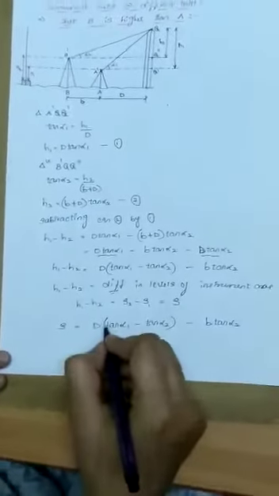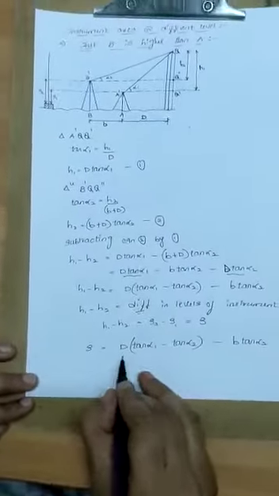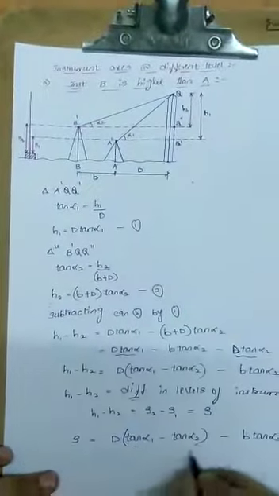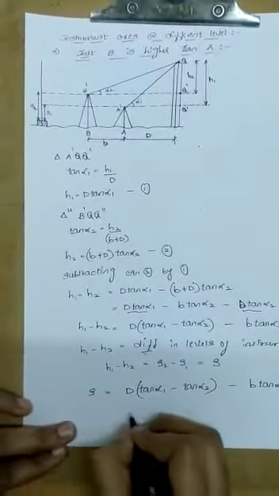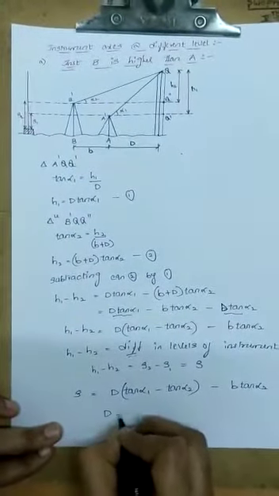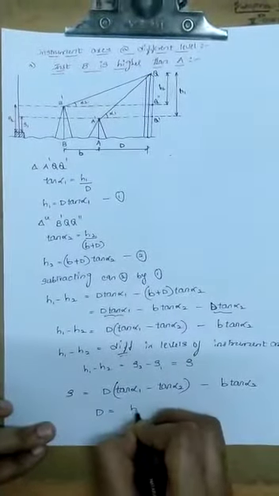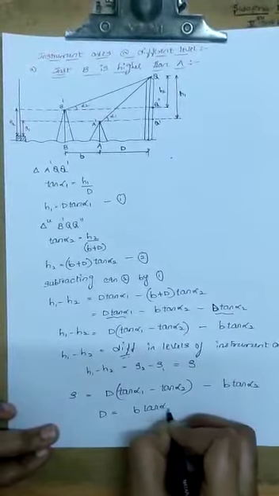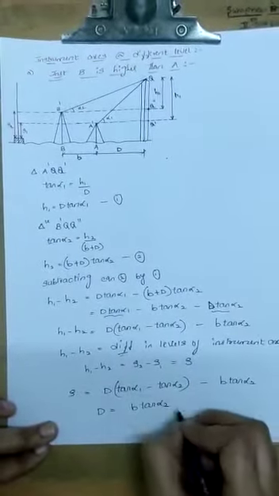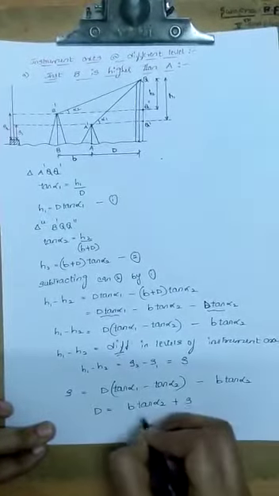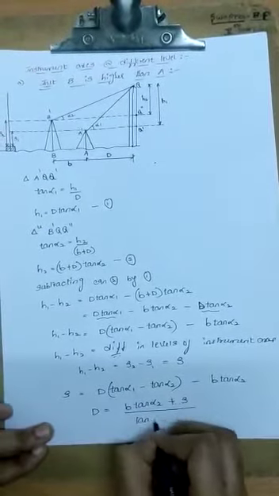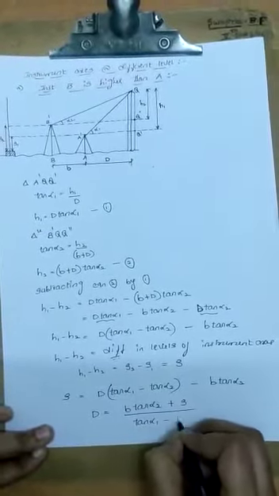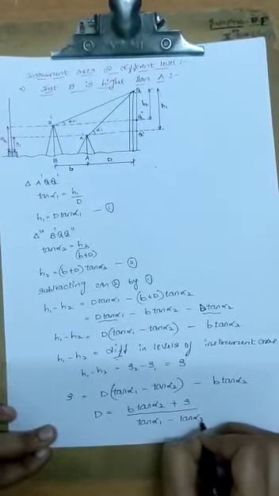What do you want in this equation? You want the d value. Bring b tan alpha 2 to the RHS, so d will be equal to b tan alpha 2 plus S, divided by tan alpha 1 minus tan alpha 2.